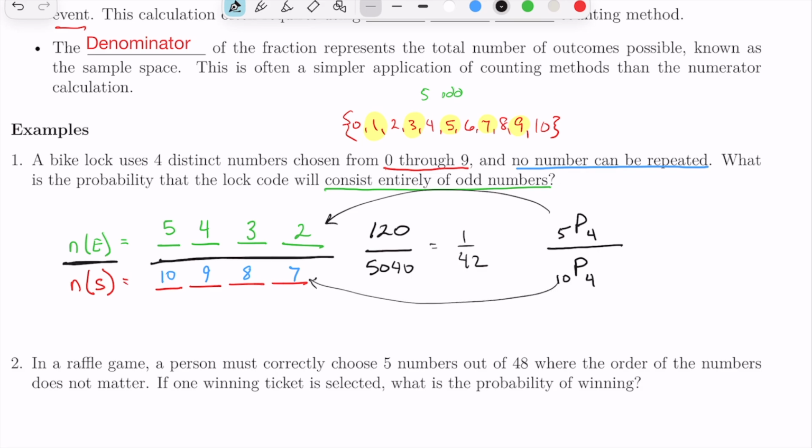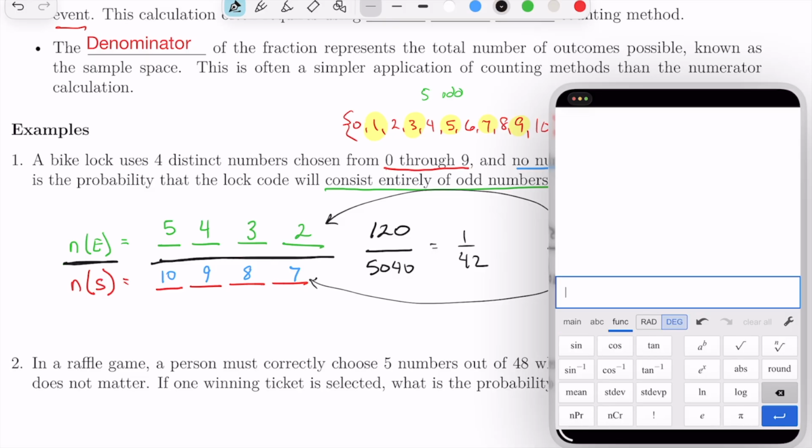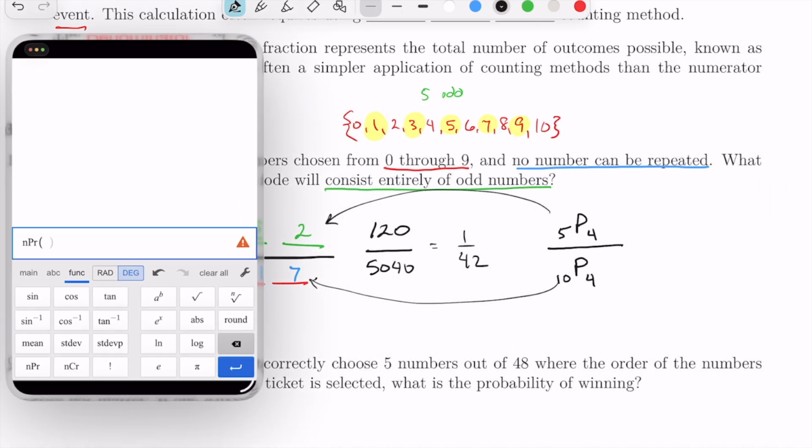And we can check that in Desmos as well, just by using the nCr and the nPr. Remember, that's under function, and that's where we have nPr and nCr. So let me slide this over to the other side so we can see it. And we'll do 5 comma 4. That's my numerator. And then we'll divide by 10P4.